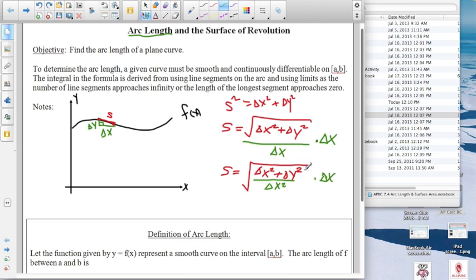Simplifying this, as we can see, this ratio is nothing more than 1 plus this ratio. So that expression is really the square root of 1 plus delta y squared over delta x squared, and you probably can see where I'm going with this at this point, times delta x.